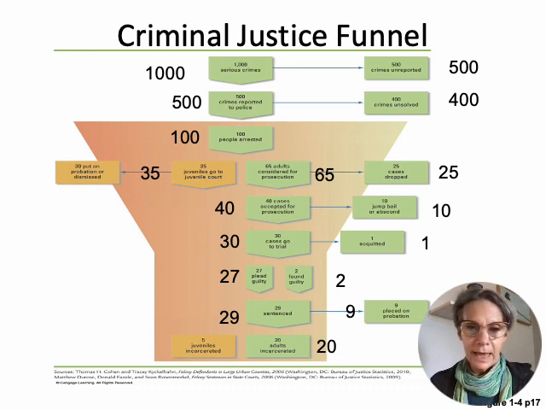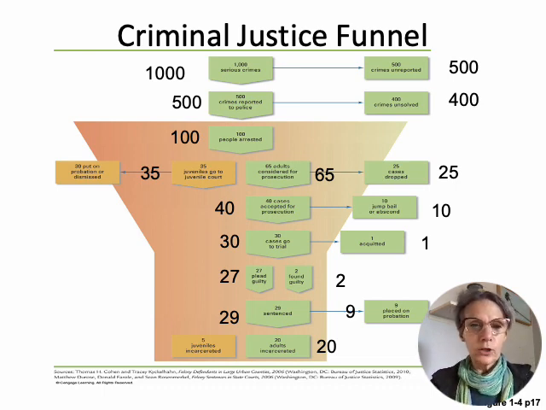What they did is they looked at a representative sample of felonies, so serious crimes, in 75 of the largest counties in the United States. Based on that sample, they said this is what generally happens per 1,000 serious crimes.